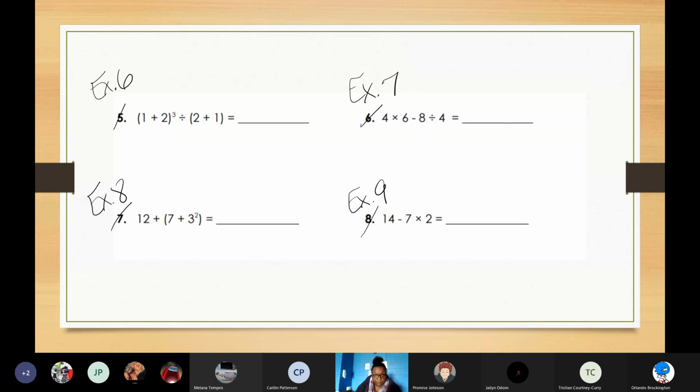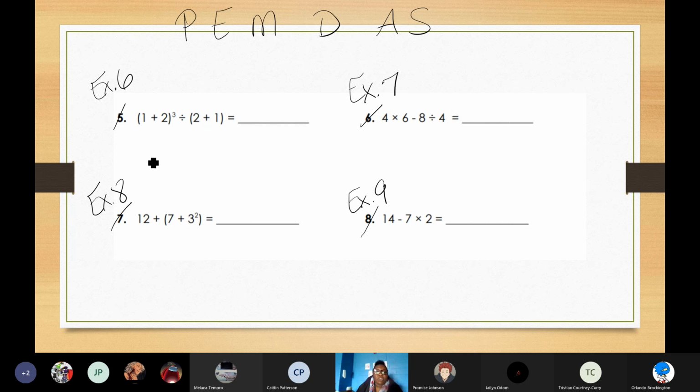Here, our exponents are outside our parentheses. So we're going to find out what we're going to do with that today. We want to remind ourselves of please excuse my dear Aunt Sally, parentheses, exponents, multiplication, division, addition, and subtraction so that we can get this solved.